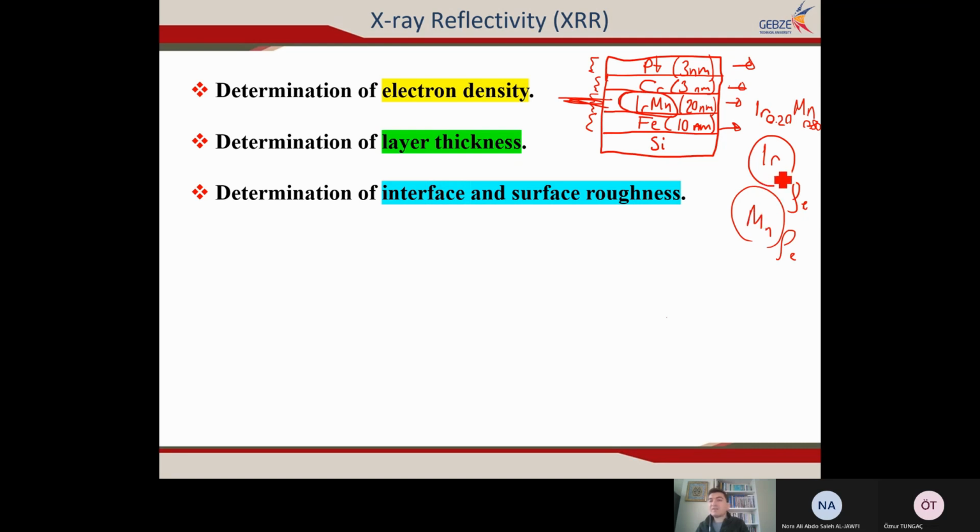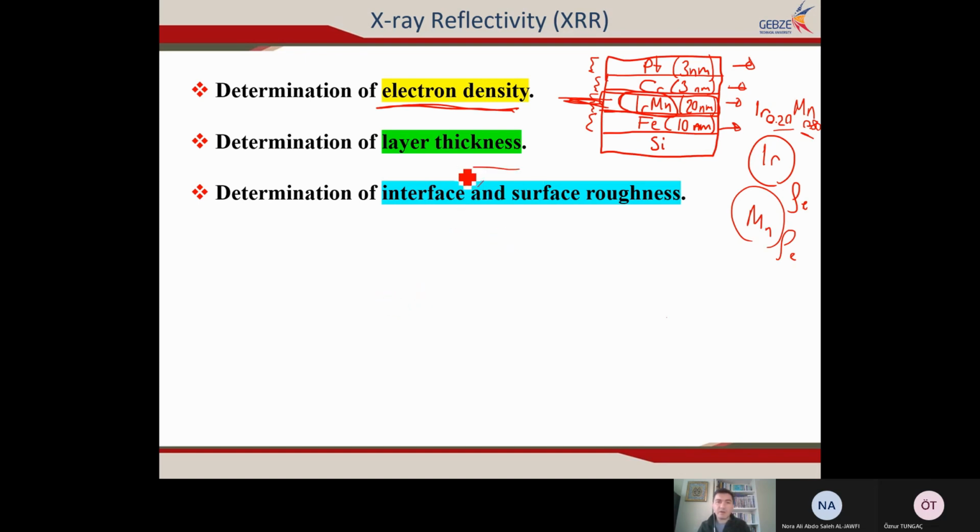If you have 50% iridium, 50% manganese, then you have a different electron density. If you have 20% iridium, 80% manganese, you have a different electron density. So by using this property of the X-ray reflectivity method, you can even determine the concentrations of iridium and manganese within this layer. So very powerful method. We will go into detail later on.